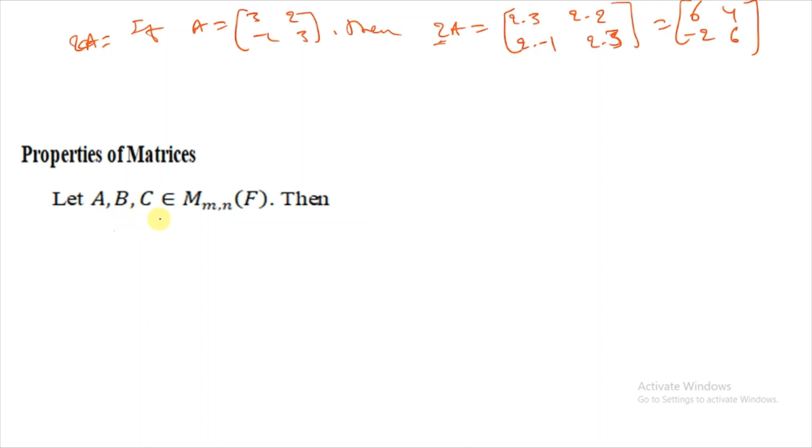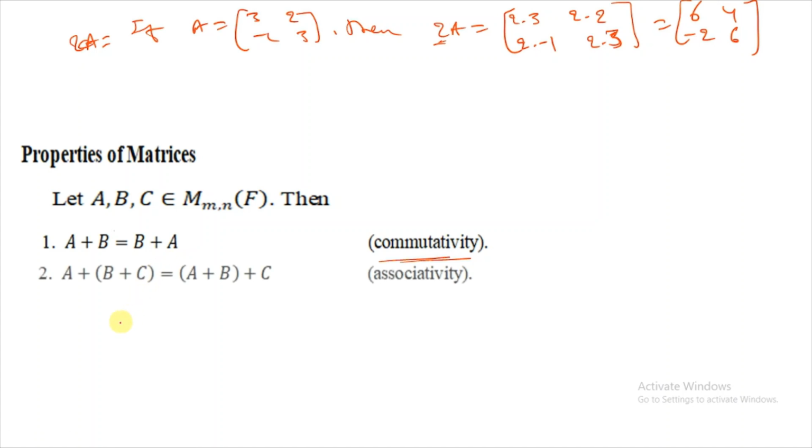Let A, B, C belong to m by n matrices. Then addition satisfies the commutative property: A plus B is the same as B plus A. Addition also satisfies the associative property. Already you know, in the last unit we discussed that the set of all matrices forms a vector space.